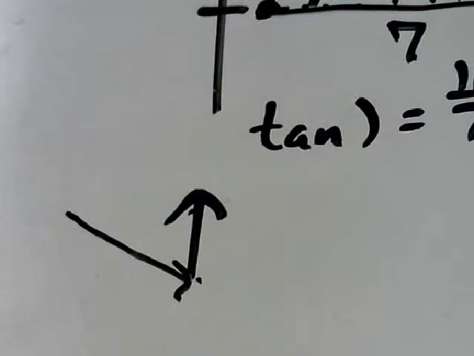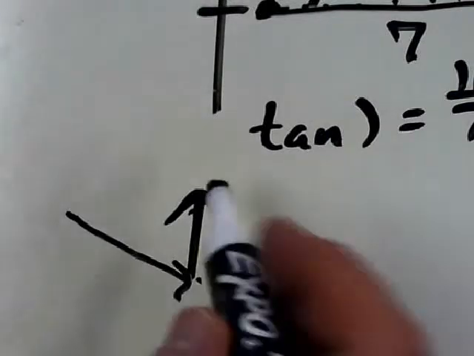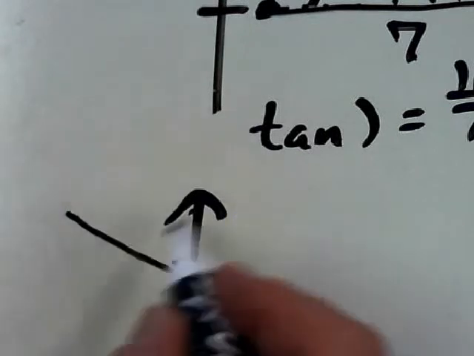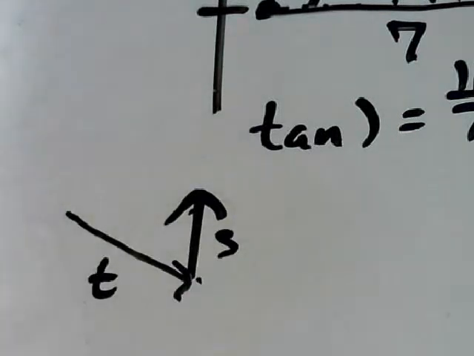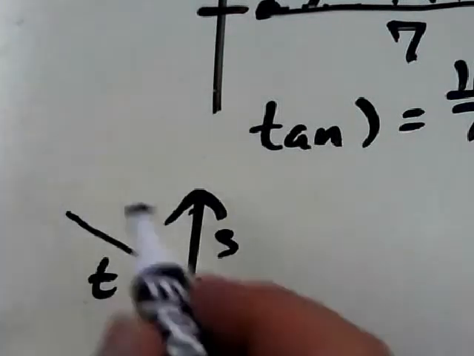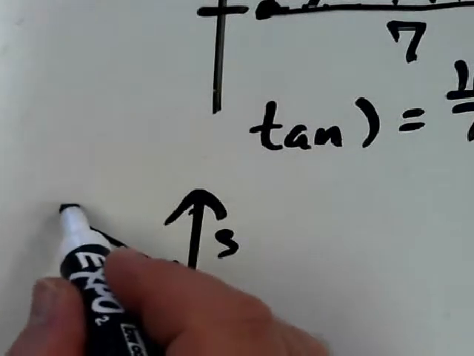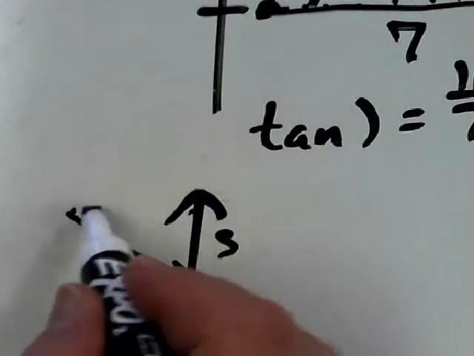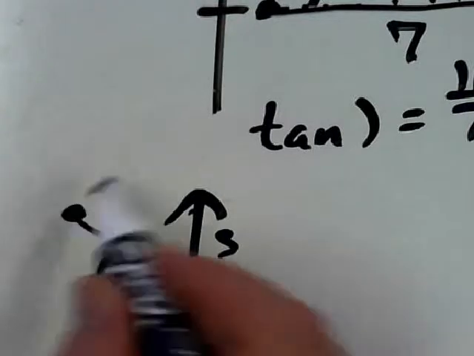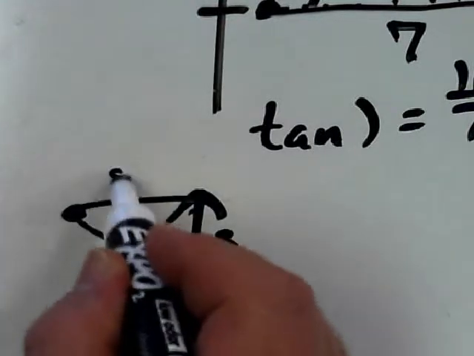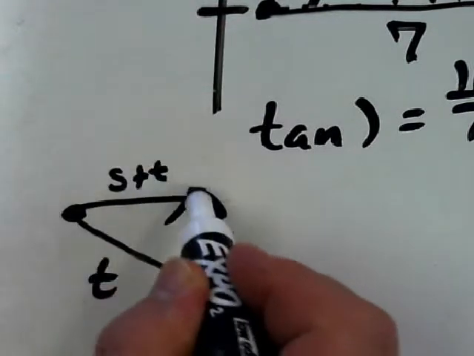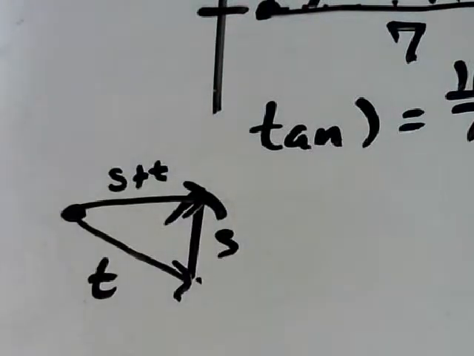Okay? And S plus T, if this is T and this is S, S plus T would be the resultant, which goes from the tail here to the head here. That's how they're actually found.